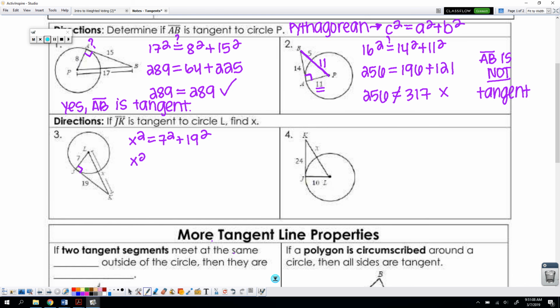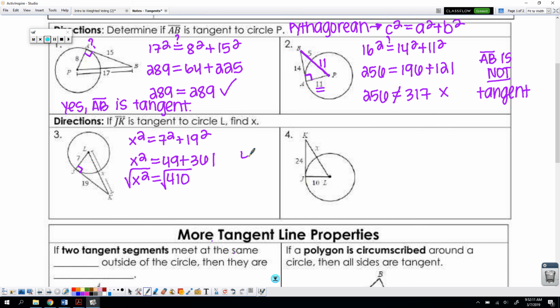So x squared equals 49 plus 361. Now go ahead and add that. 49 plus 361 is 410. Let me pause and double check. All right, it is, so we'll square root 410.